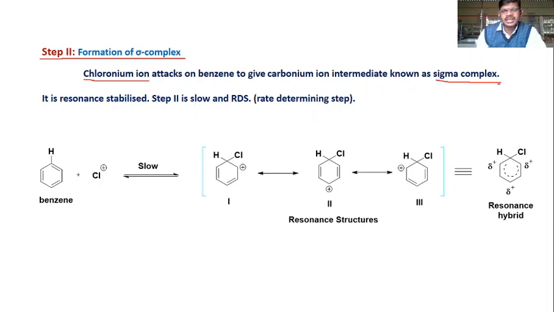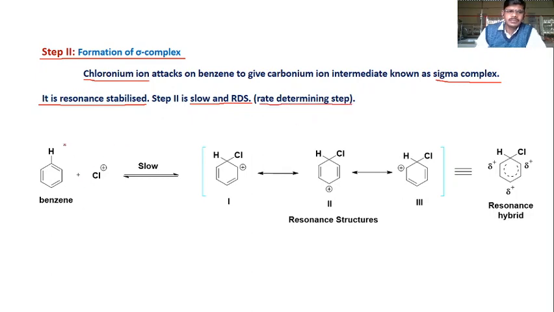As we have seen in the nitration of benzene, the second step is the formation of the resonance stabilized sigma complex. This second step of the mechanism is very slow, and hence it is the rate determining step, or RDS. RDS stands for rate determining step.